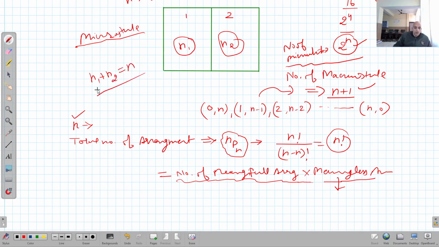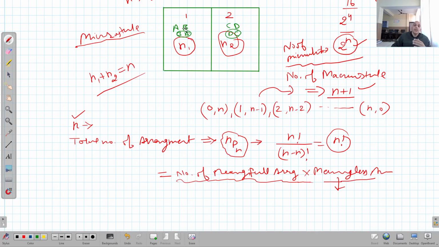Now, for example, let's take four particles: A, B here and C, D here. N1 is AB, N2 is CD. Now, if I write it as BA, and DC, again it is the same thing.